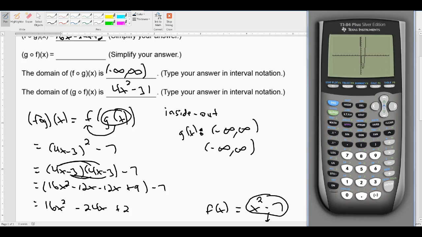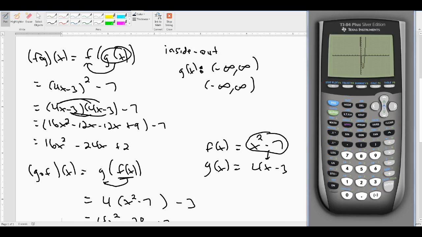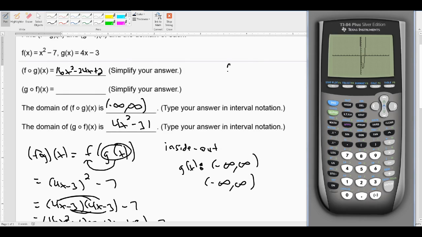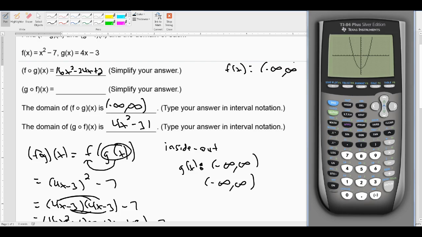Once again, since it is g op f, we have to find the domain of f of x first. And f of x is x squared minus 7. Hopefully you know that's a parabola, a big U, and it goes forever to the left and forever to the right. So its domain is negative infinity to positive infinity. And then I need to consider this function, 4x squared minus 31.